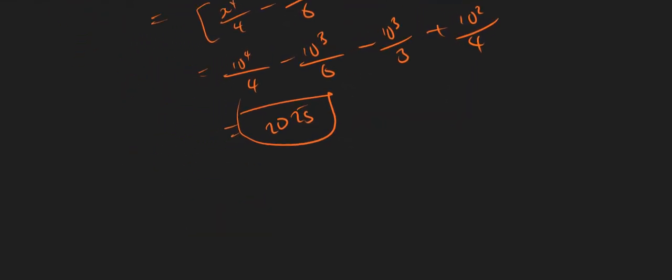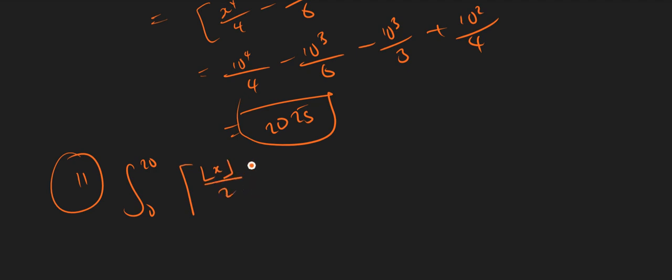Now we have something interesting up our sleeve. Now we have problem 11. Problem 11 says we should do the integral from 0 to 20 of what? Of the ceiling of the floor of x over 2, dx. Now let's first of all consider the inner function.